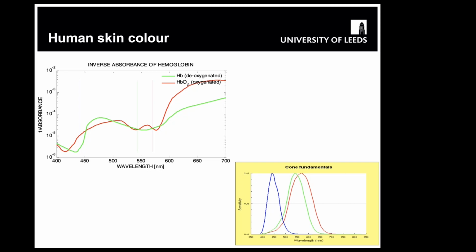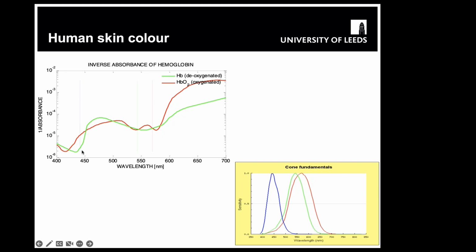And in our human eye, we have three cones, right? The reason we can see color is because of these three cones: one is a red cone, one is a green cone, one is a blue cone, in a very, very simple explanation. And if you compare the peaks of these three cones with the peaks of the hemoglobin, you will find they are very, very close.